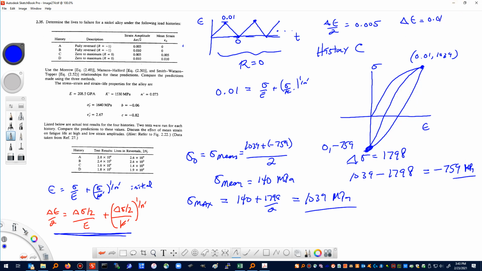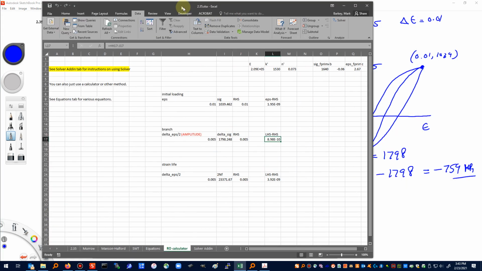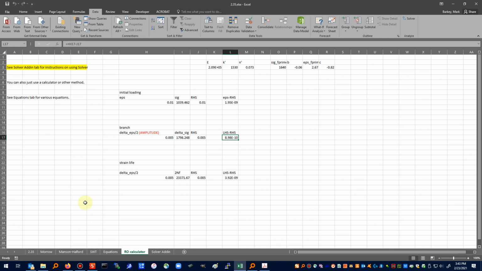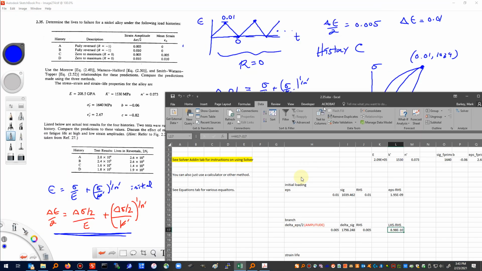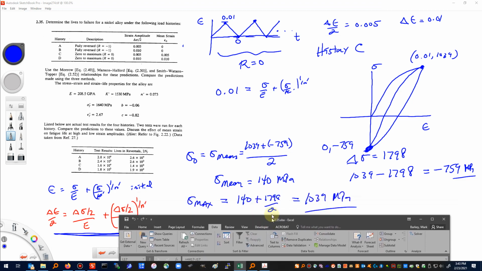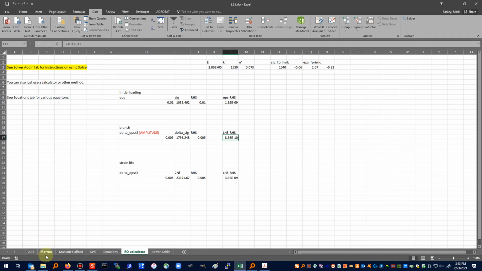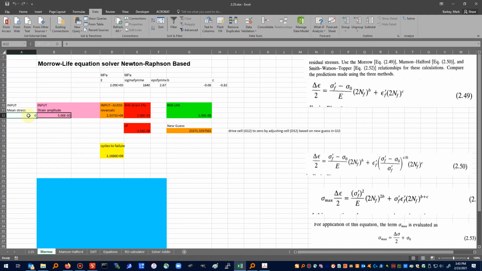All right, with that information, let's go and figure out these values. So I said we had a mean of 140. So let's go to the Morrow equation with a mean of 140 and an amplitude of 0.005. Okay, I'm going to put in 10,000 for my guess.